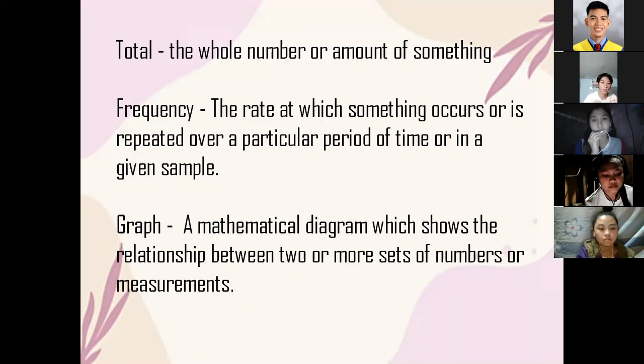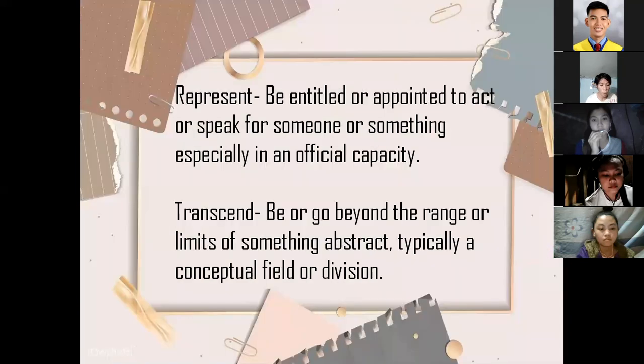Okay, so frequency. Frequency is the rate at which something occurs or is repeated over a particular period of time or in a given sample. Graph. A graph is a mathematical diagram which shows the relationship between two or more sets of numbers or measurements. Okay, second to the last, we have represent.